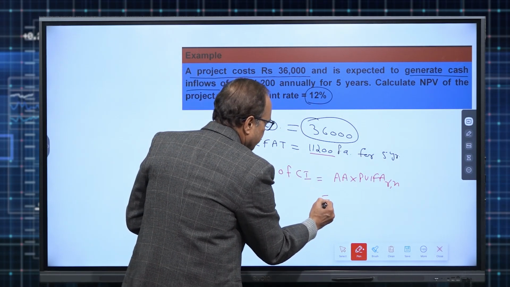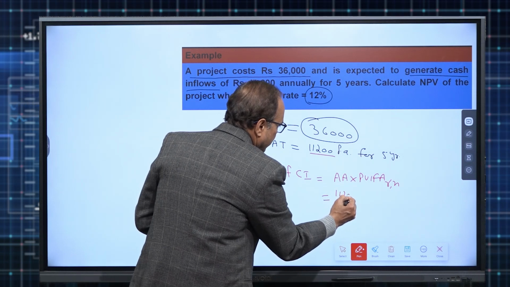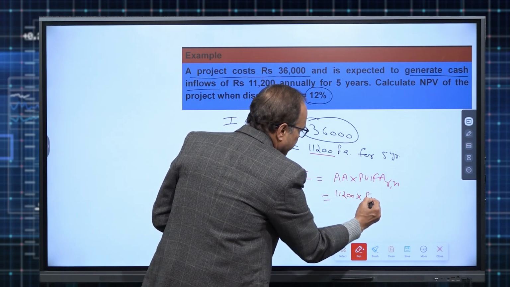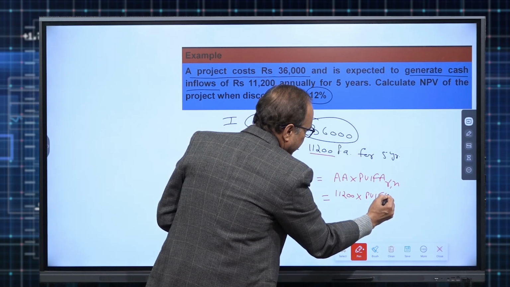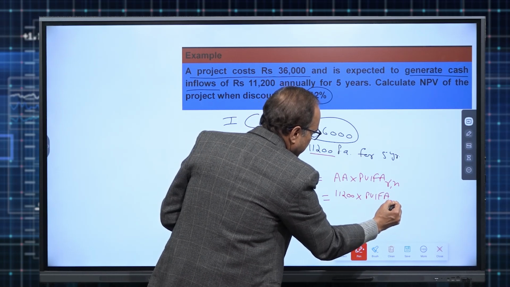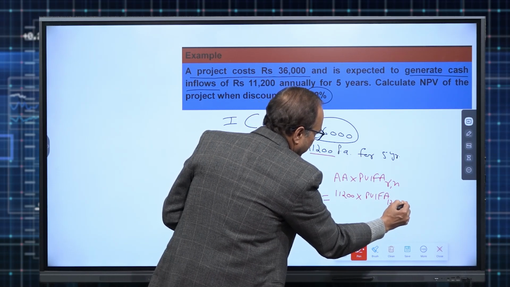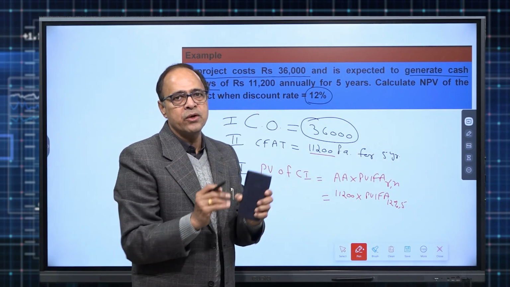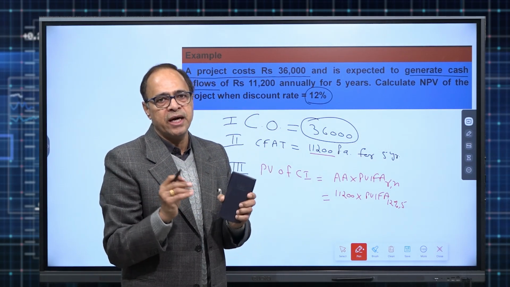So what do I get? 11,200 times this factor I have to calculate. Either I can calculate using 12% given discount rate, or I can select the factor from the time value table, that is present value of an annuity.